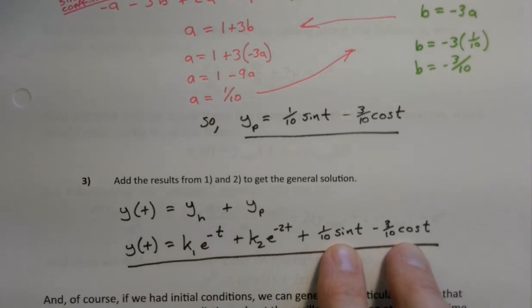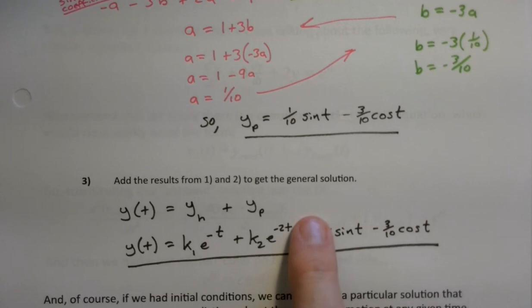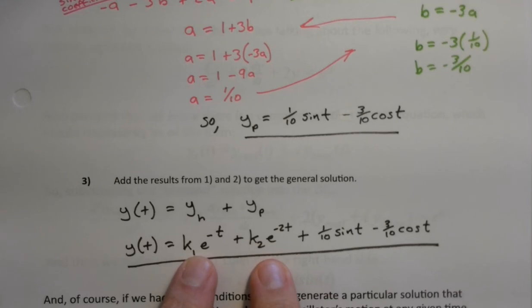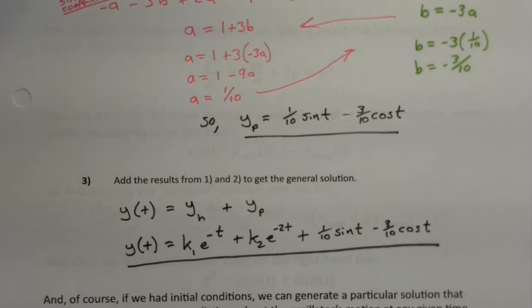In other words, as time approaches infinity, it's going to behave like 1/10 sine t minus 3/10 cosine t. The part of the general solution that comes from the harmonic oscillator itself, the homogeneous part of the solution, that natural state kind of fades away, and we're left with the steady state part of the solution.